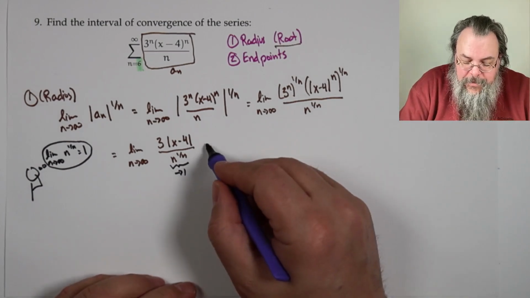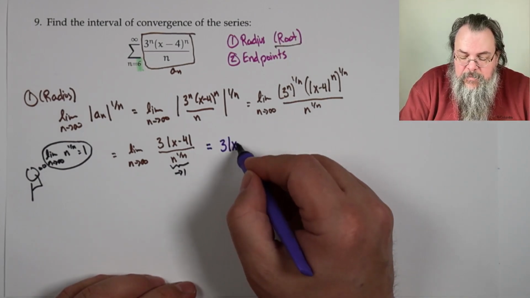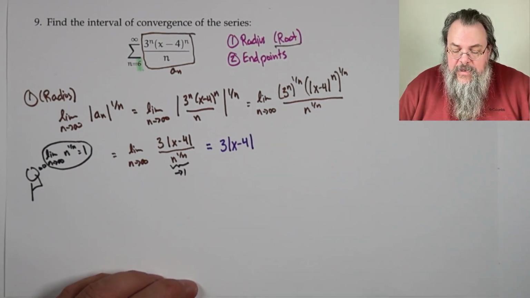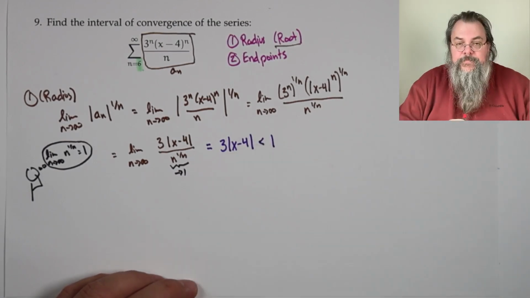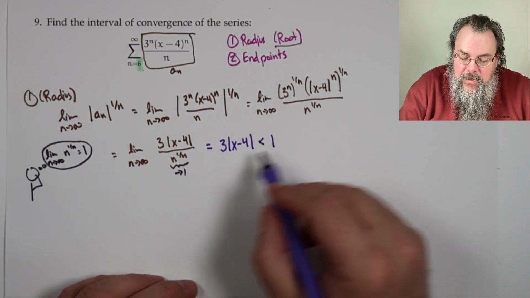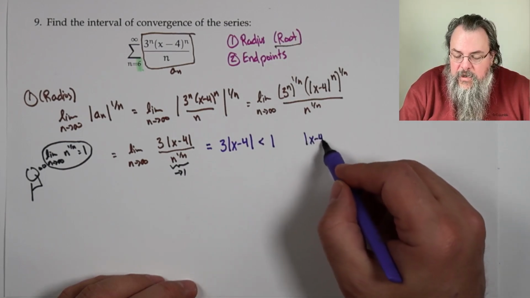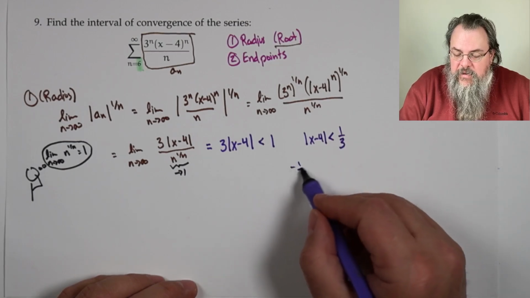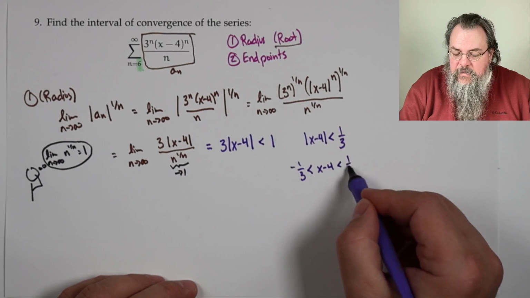We get 3 times the absolute value of x minus 4. Now, in order for this to converge, this needs to be less than 1. We can move things around. That says the absolute value of x minus 4 is less than 1 over 3, which I write as negative 1 over 3 is less than x minus 4, less than positive 1 over 3.